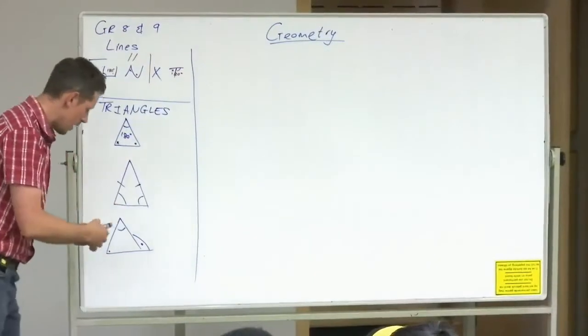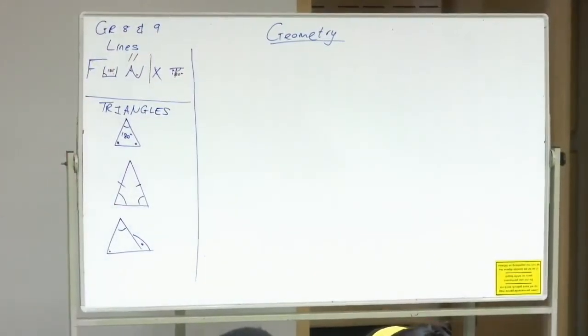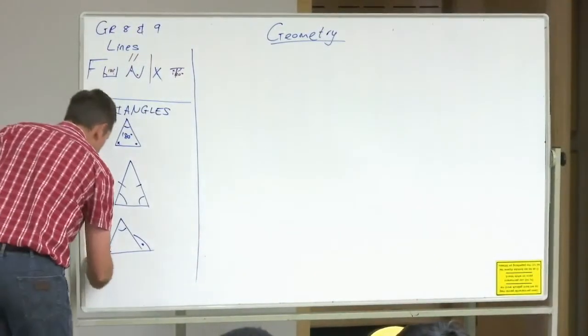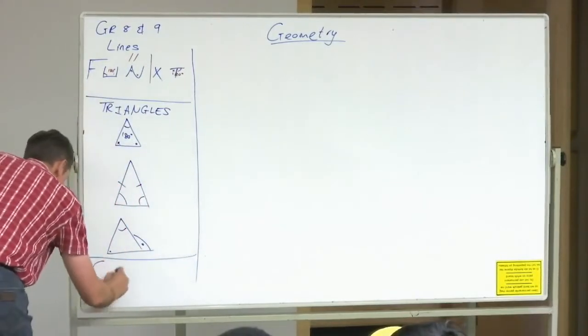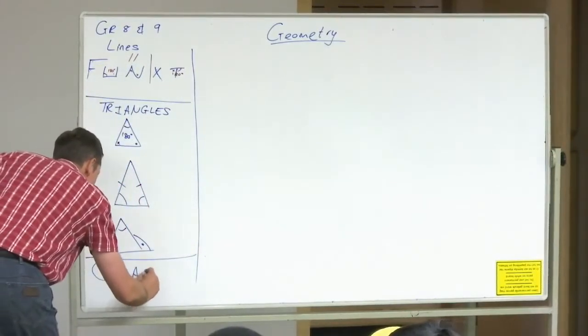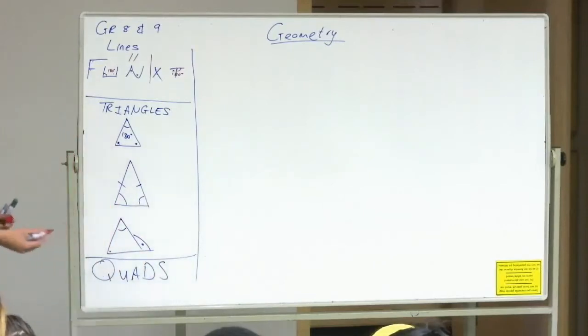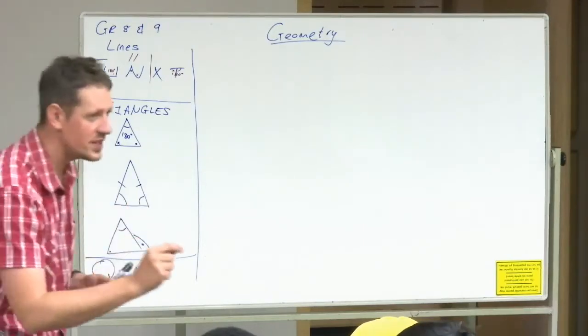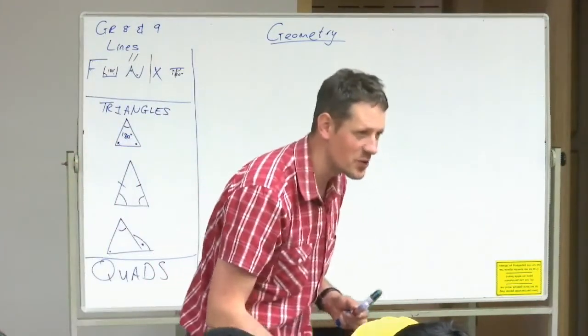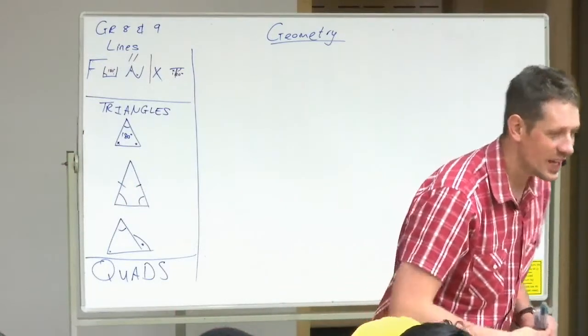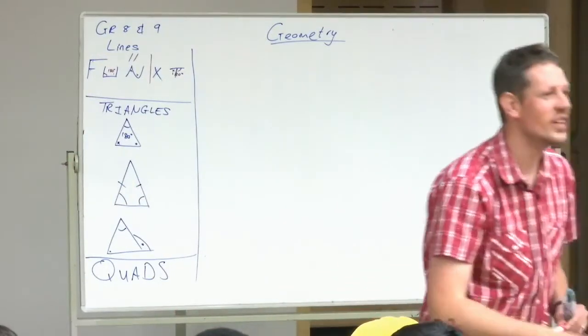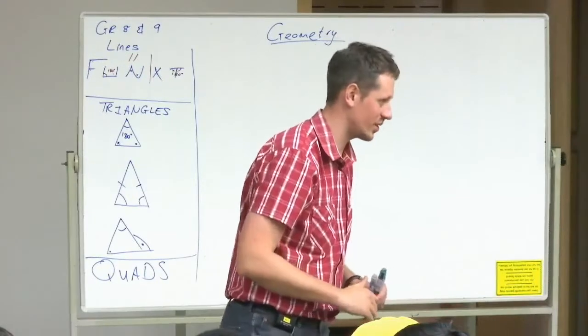Okay? Then, ladies and gents, I'm just going to write here at the bottom quadrilaterals. Quads. Please go and revise all the properties of quadrilaterals, because in analytical geometry they love to ask it.